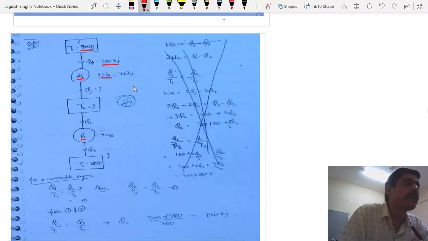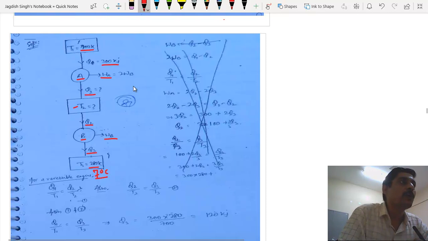Engine A delivers WA amount of work, and Q2 amount of heat is rejected by engine A. Whatever heat is rejected by engine A is received by engine B, and the intermediate temperature is T2. Engine B delivers WB amount of work and rejects Q3 amount of heat to the lower temperature, which is 7 degrees centigrade. Right? This is the question.